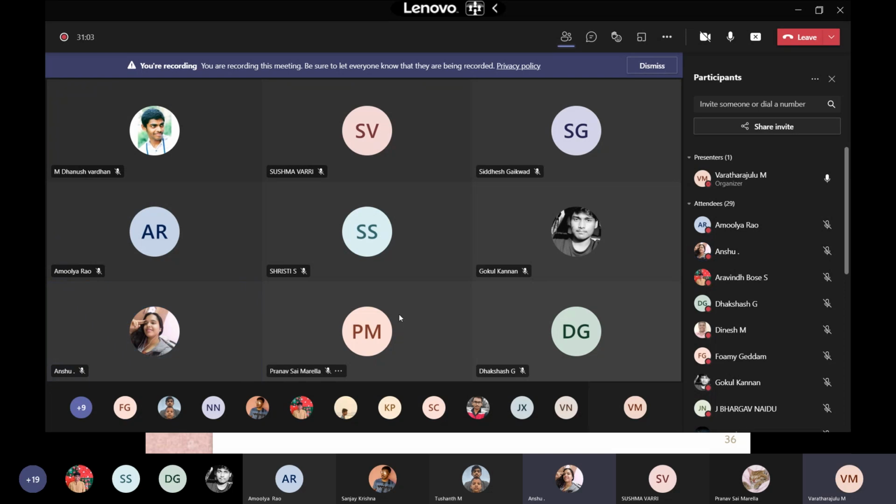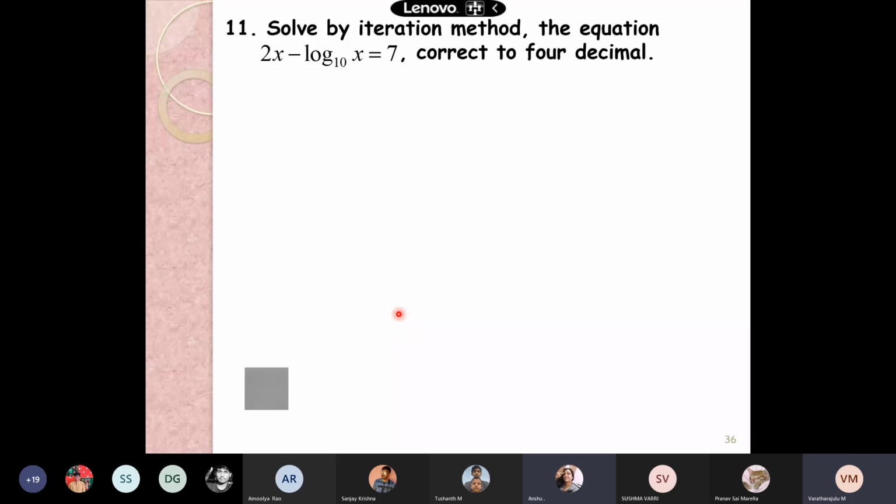Yes, very good. Log base 10 e divided by x, right? Yes, sir. That has to be considered here.